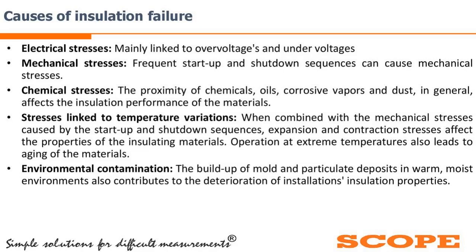Then chemical stresses, where the proximity of chemicals, oil, corrosive vapors, and dust in general affects the insulation performance of the material. Similarly, stress due to temperature variation, when combined with the mechanical stresses caused by startup and shutdown sequences, expansion and contraction stresses affect the properties of the insulation material.